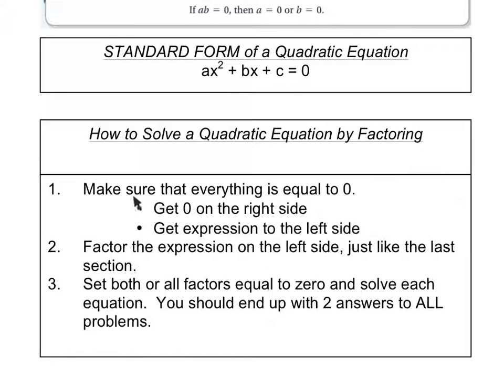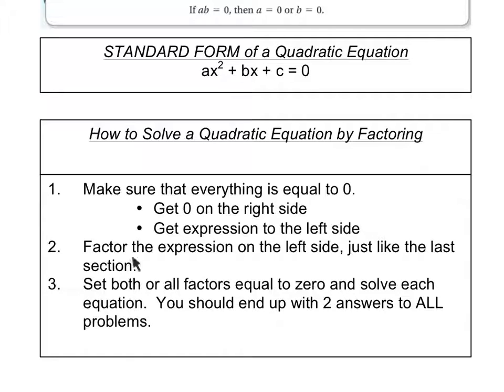So how do we solve a quadratic equation by factoring? First, the biggest step is we have to make sure everything is equal to 0. Ideally, we would like the right side to be 0 and the expression on the left side, but it's not always necessarily going to work out that way. Ideally we get one side equal to 0 and everything else to one side.